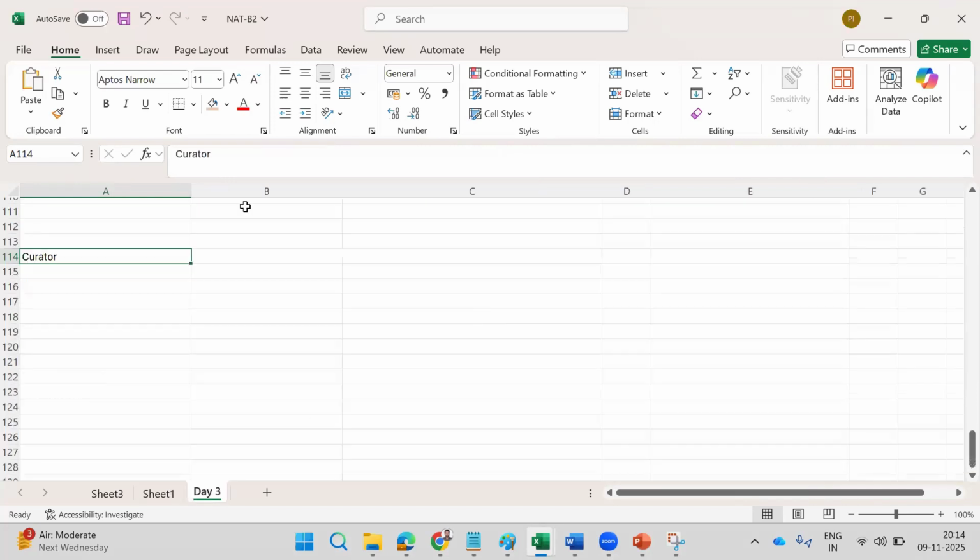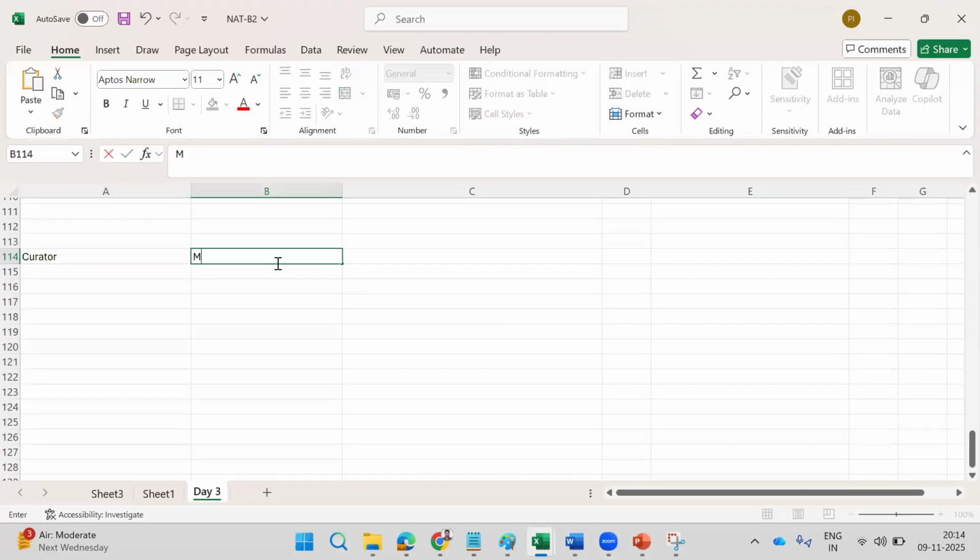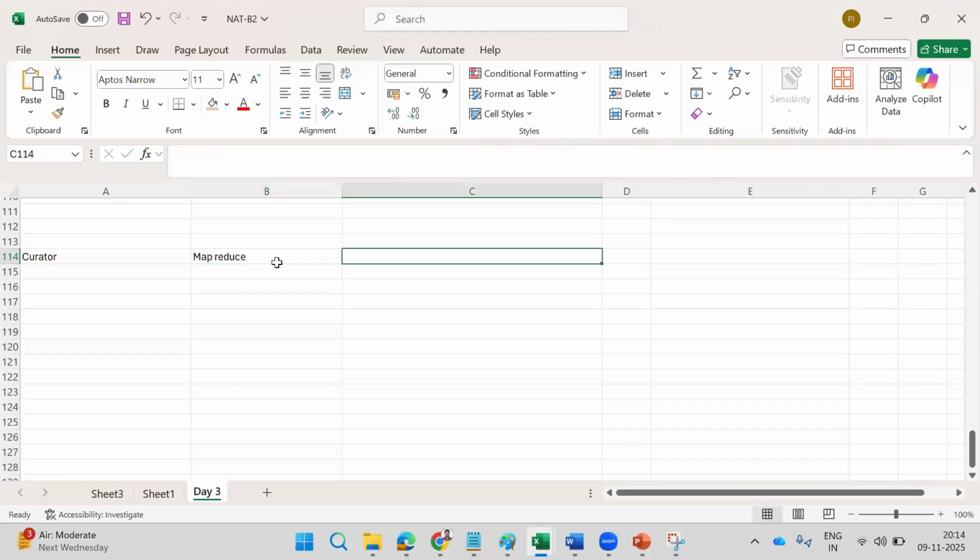Okay. Next, Curator. What is Curator? MapReduce. What is MapReduce? Deletion of the old data or the data which is not required.